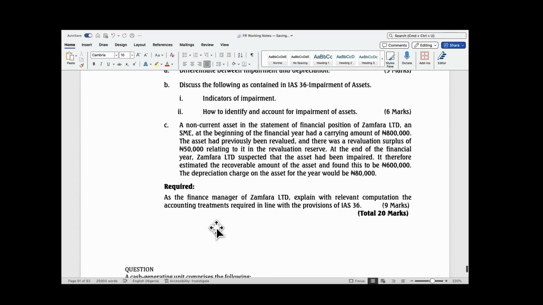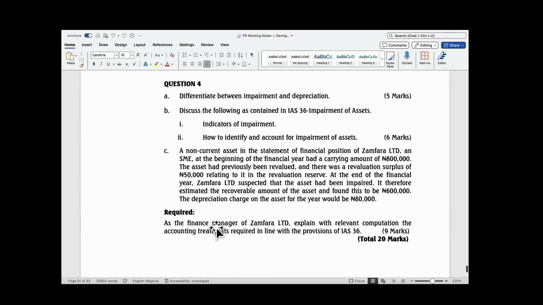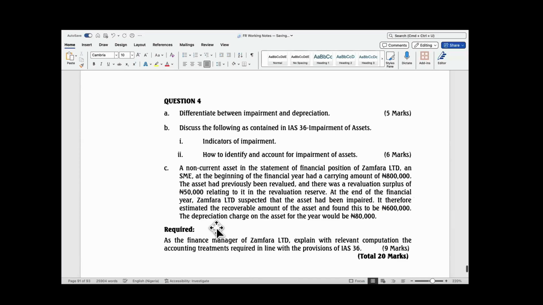Now, another question. We are asked to differentiate between impairment and depreciation. Okay. Is there anyone here that can differentiate between impairment and depreciation? In this class, is there any difference or are they the same?